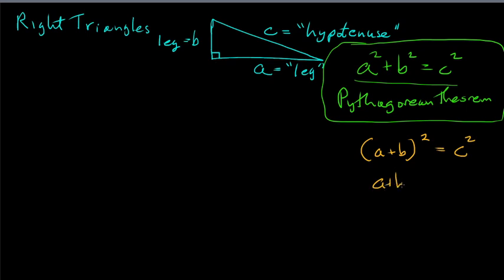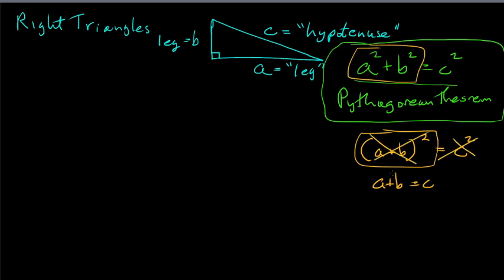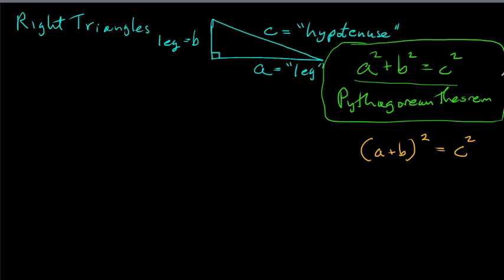Now, you could just cancel the squares. But that's not what we have here, right? A plus b squared has nothing to do with a squared plus b squared. We talked about that when we were factoring. So, yeah, this is not what you want to do. So, for sure, a plus b does not equal c. That would be nice. It's just never true. Not for triangles.